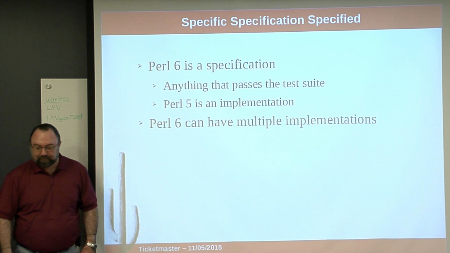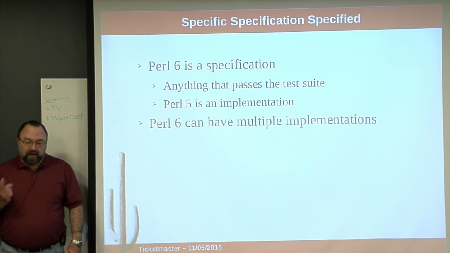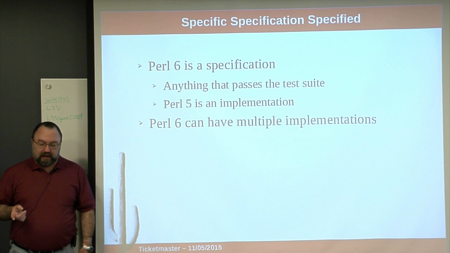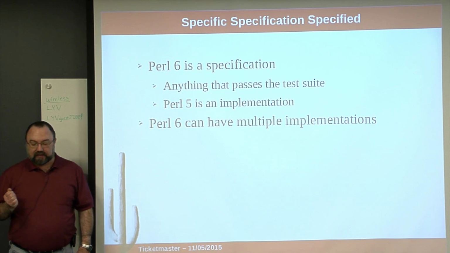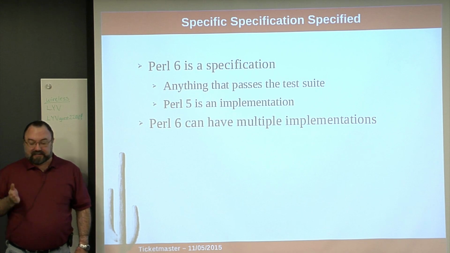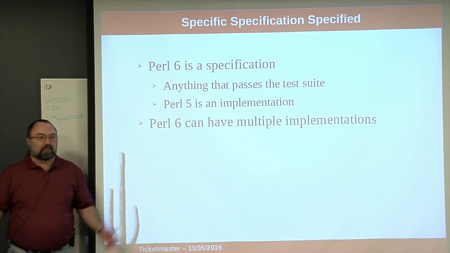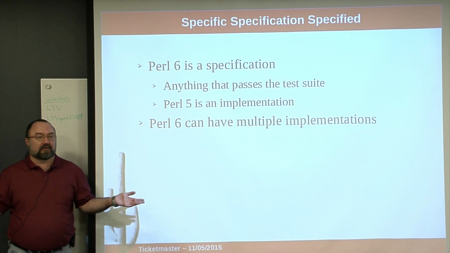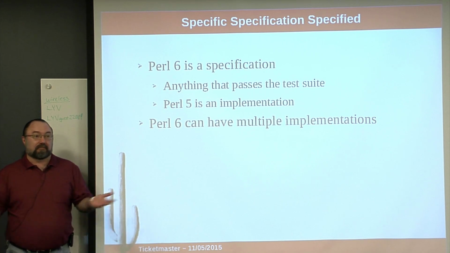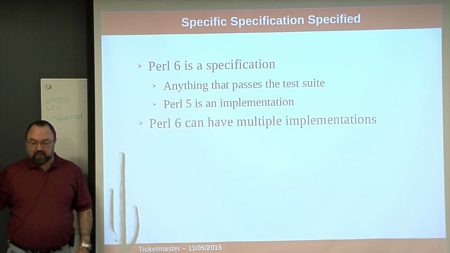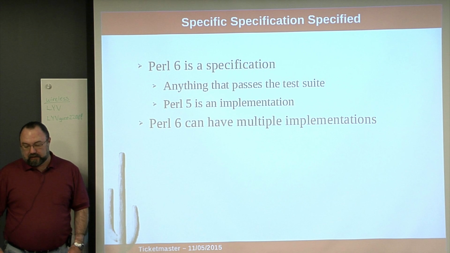So, okay. One of the differences in the way Perl 6 was developed is it's actually a specification. So Perl 6 is anything that passes the test suite. So if you decide that you want to go out and make your own Perl 6 implementation, there's nothing stopping you except your coding ability. So basically you can go out there, write your own, and as long as it passes the test suite, it's Perl 6.